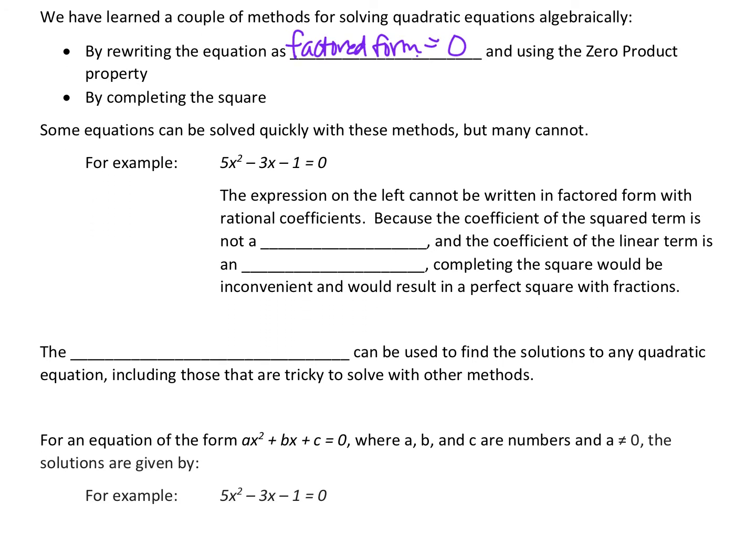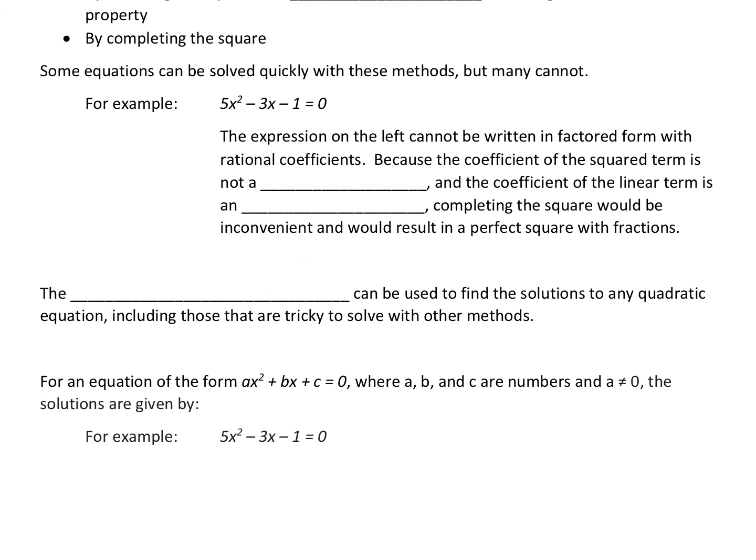For example, we have 5x squared minus 3x minus 1 equals 0. The expression on the left, the 5x squared minus 3x minus 1, cannot be written in factored form with rational coefficients. The squared term is the term that has the x squared, and the coefficient is a 5, which is not a perfect square.